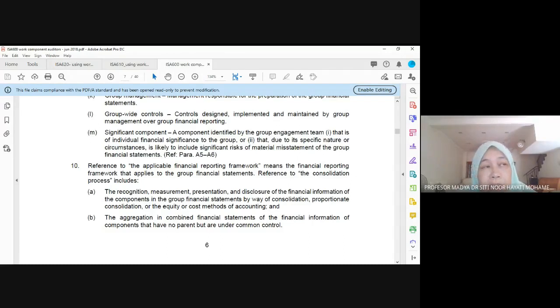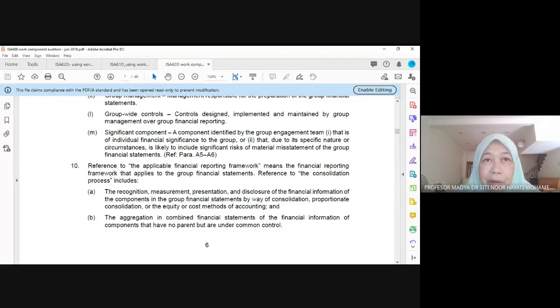So the group auditor, I refer to group auditor for simplicity, that means the group engagement partner, has to determine the independent status of the component auditor. If the component auditor is not independent, then the group auditor has to be very careful.